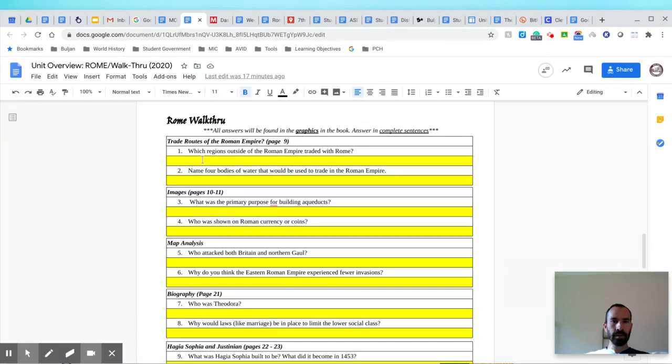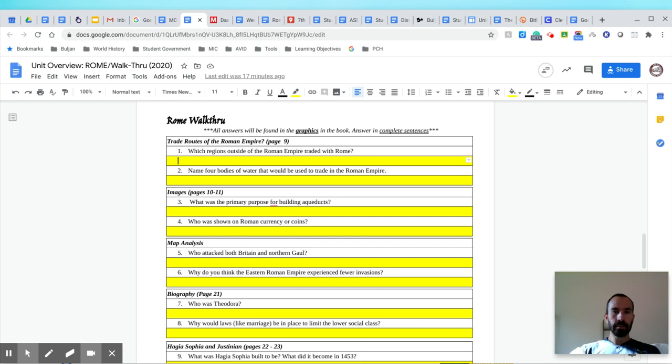Writing your document, you just type it in here. And remember what we learned before, we're going to use complete sentences, and we can sometimes use the same verbiage in our question. So which regions outside of Rome, outside the Roman Empire traded with Rome?